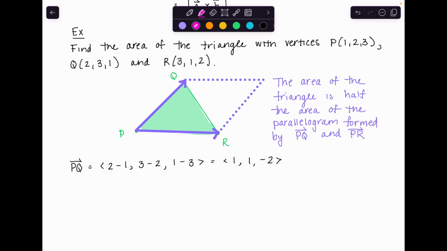Now to find PR, I want to do the R coordinate minus the P coordinate. That will be 3 minus 1, 1 minus 2, and 2 minus 3. So that gives us the vector (2, -1, -1).